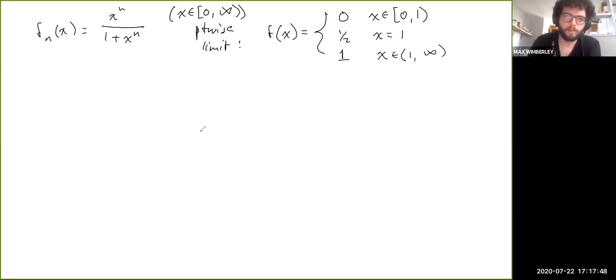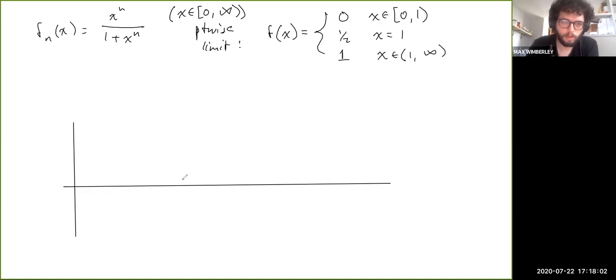To graph it, if this is 1, we would have an open point here, and then the rest like that.